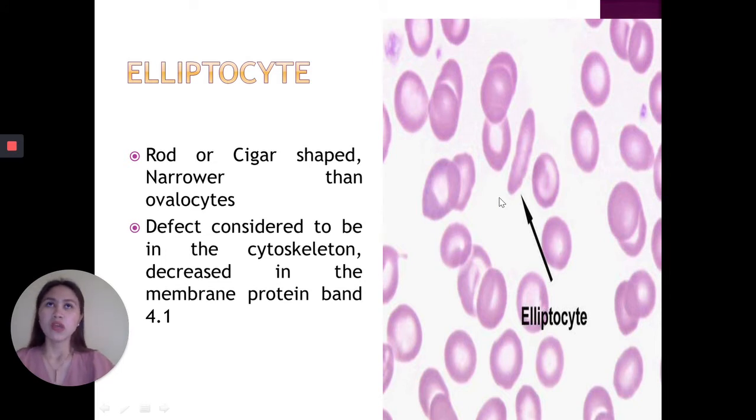Take note that in the RBC membrane there are a lot of parts, and when there is a decrease in membrane protein band 4.1, the shape of your RBC will be affected, and it will look like this, an elliptocyte.